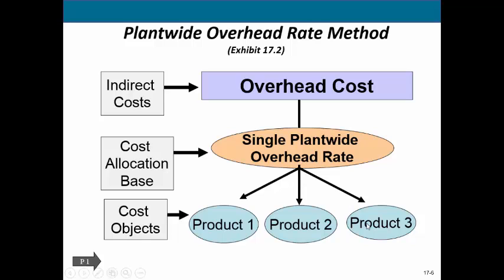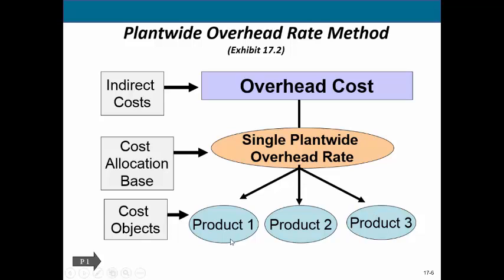So we will calculate a predetermined overhead rate, which is calculated by taking our overhead cost, which in my easy example here is $100,000, divided by our allocation base, which is 100,000 labor hours. So 100,000 divided by 100,000 gives us a plant-wide overhead rate that we will allocate our overhead by giving $1 of overhead to each product for every labor hour that the product uses.